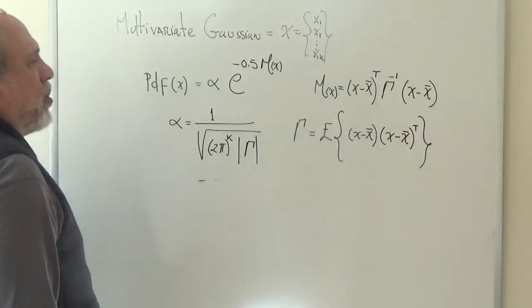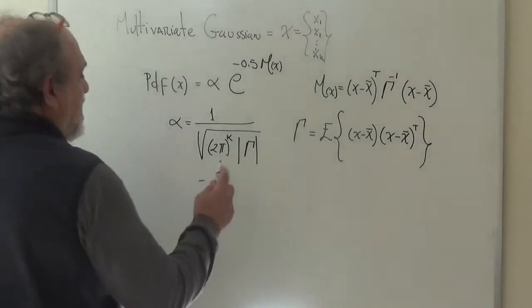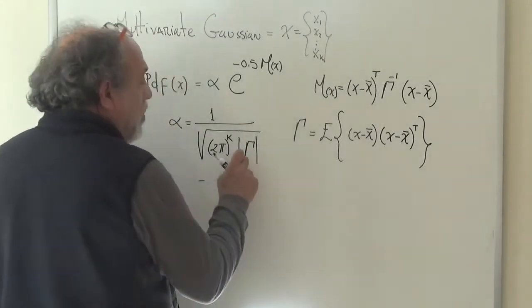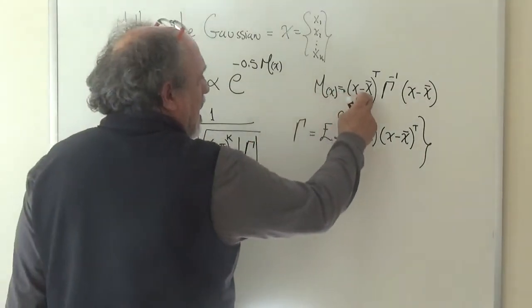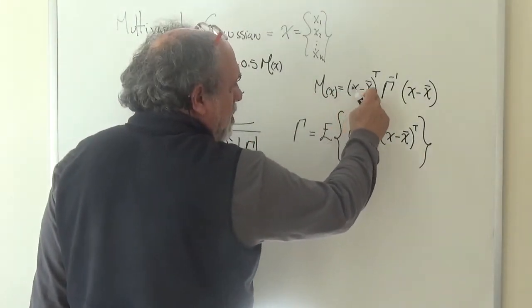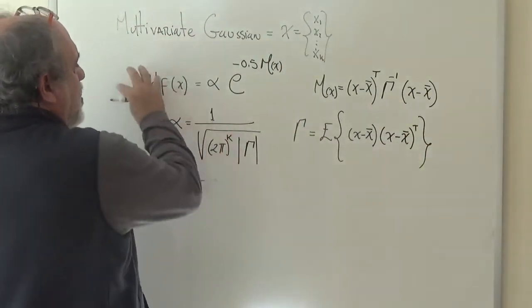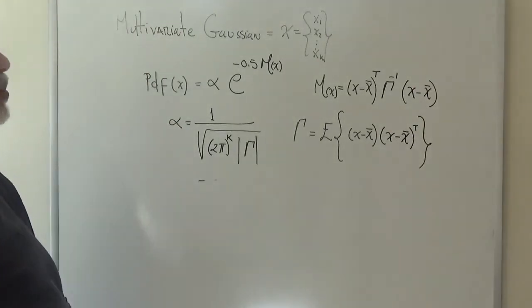So that's the definition of the covariance. In the case of a single variable, k equals 1, the covariance is just the variance, which is the square of the standard deviation, and x is just a number. If you plug it all in, what you get is just the standard simple expression of the Gaussian distribution for a single variable.